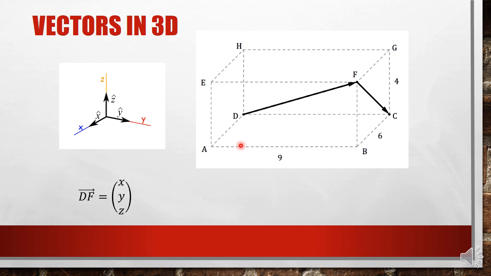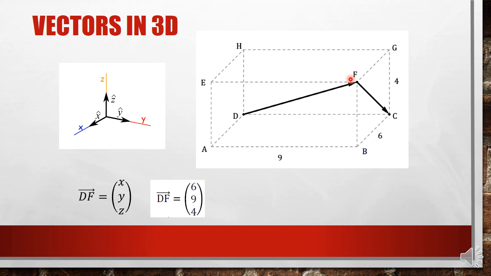Now vector DF is written in x direction, y direction, z direction. We want to move from D to F. First, x direction, we move forward 6 units. In y direction, we move to the right 9 units. And in z direction, we move up 4 units. So vector DF is (6, 9, 4).